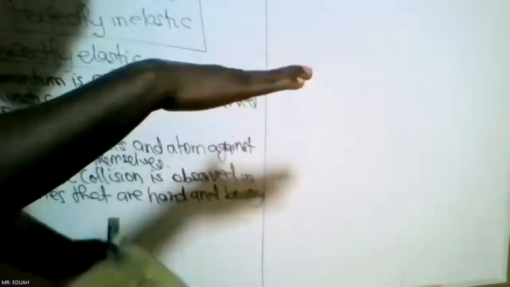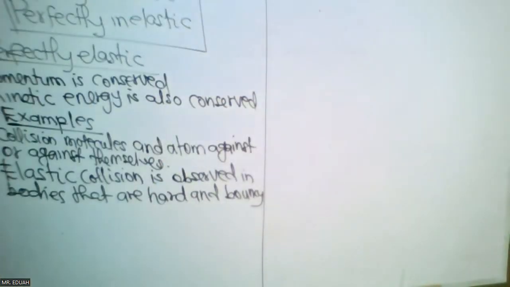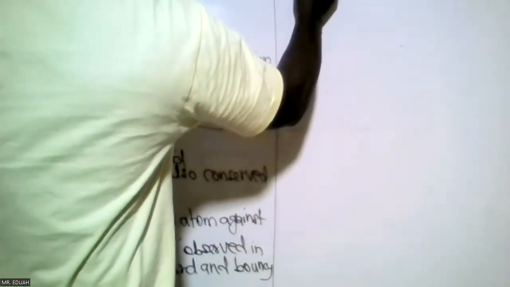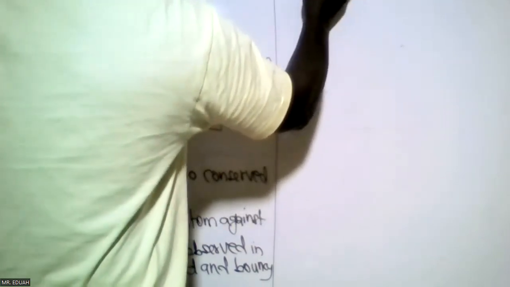Maybe it is thrown to the floor from this level. It can bounce back and then get to the same level of the throw. Once it is coming to the same level, then it means that the kinetic energy of the tennis ball before is equal to the kinetic energy after the rebound.